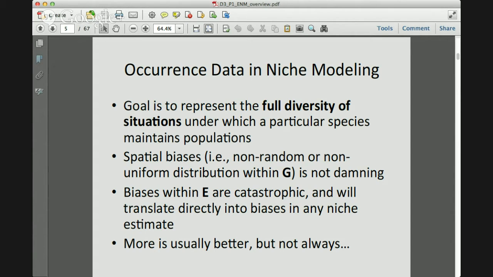If whoever accumulated the data is not sampling the wettest areas or the driest areas or the hottest areas, then that will translate directly into biases in your niche model. So more data is usually better, but not always. We need better data instead of more data.